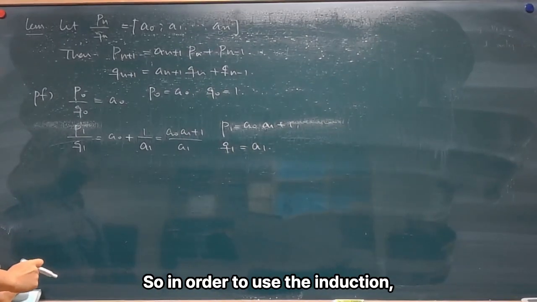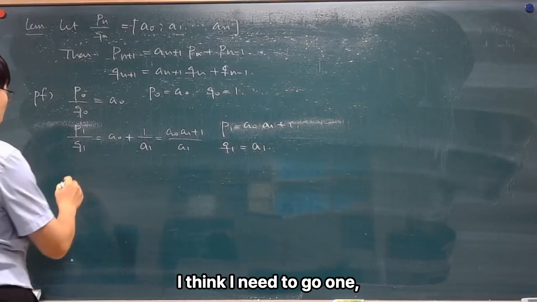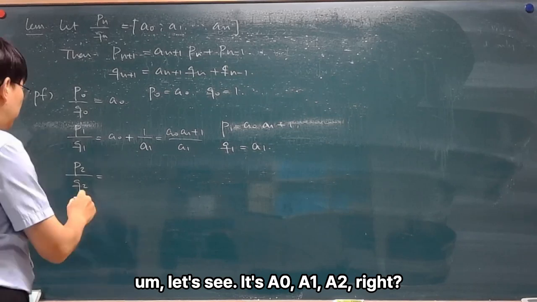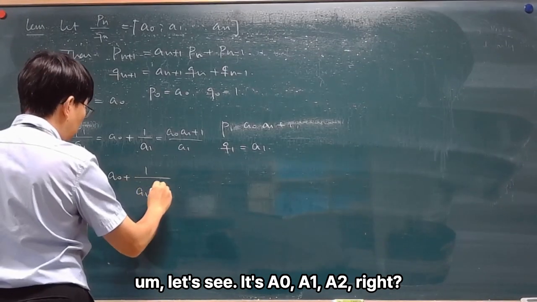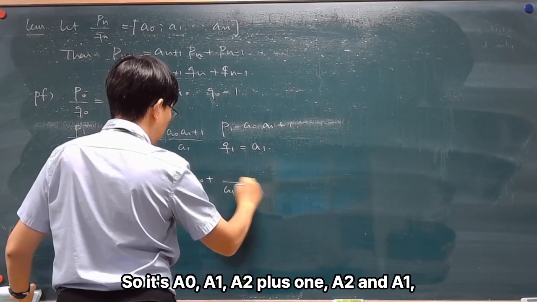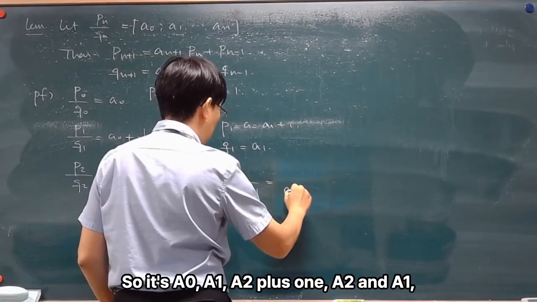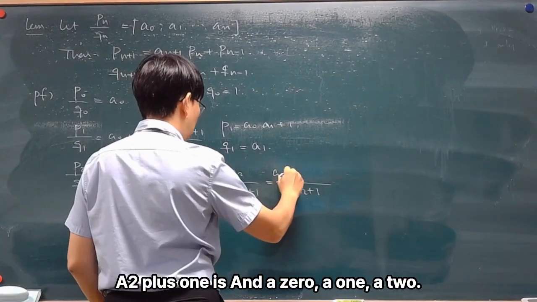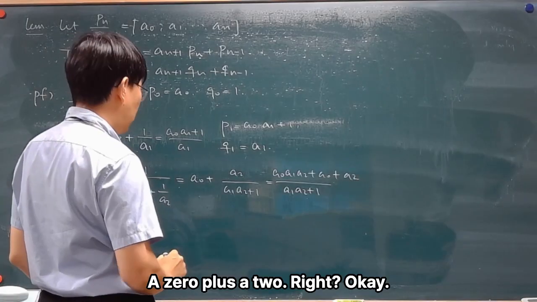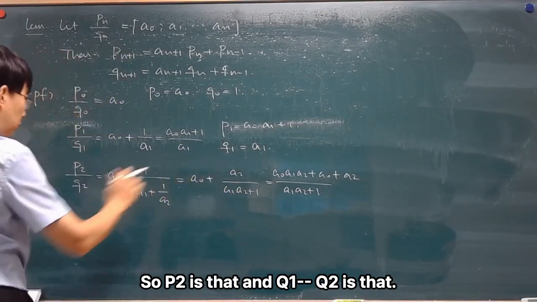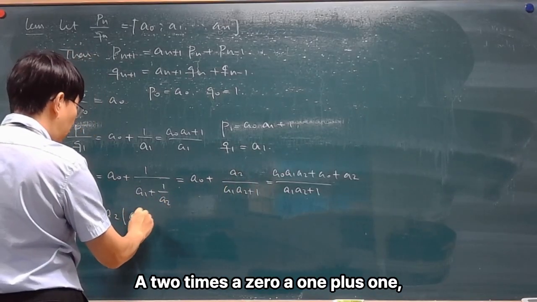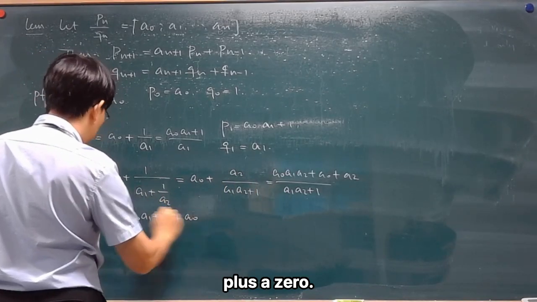Okay, so in order to use induction, I think I need to go one more step here. So P2 over Q2. Let's see. It's a0, a1, a2, right? So it's (a0 a1 a2 plus a0 plus a2) over (a1 a2 plus 1). Right? Okay, so P2 is that, and Q2 is that. P2 is a2 times (a0 a1 plus 1) plus a0.